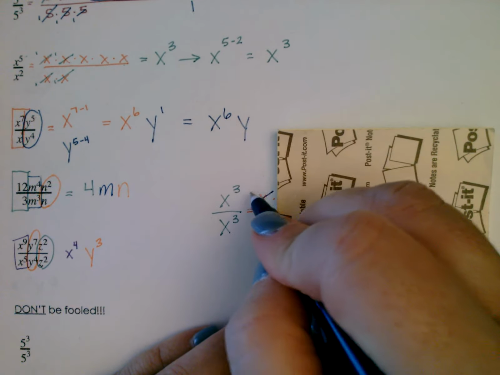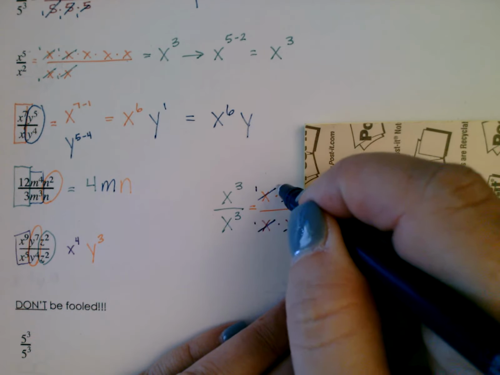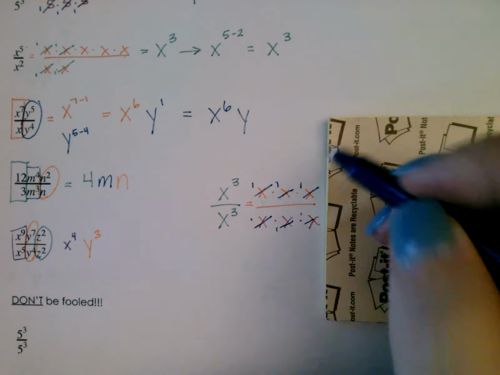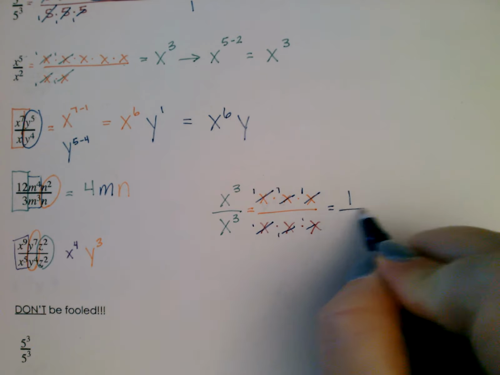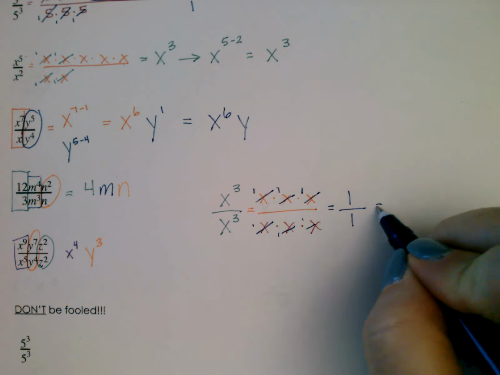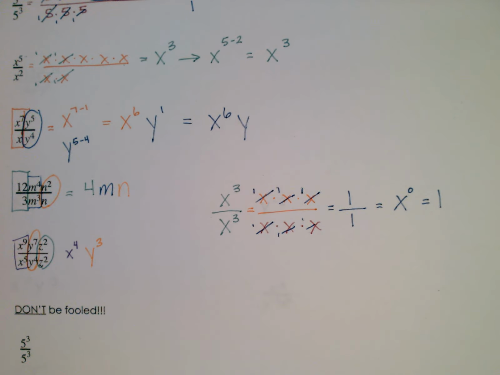X divided by x is 1, x divided by x is 1, x divided by x is 1. 1 times 1 times 1 is 1. Therefore, x to the 0 power equals 1.